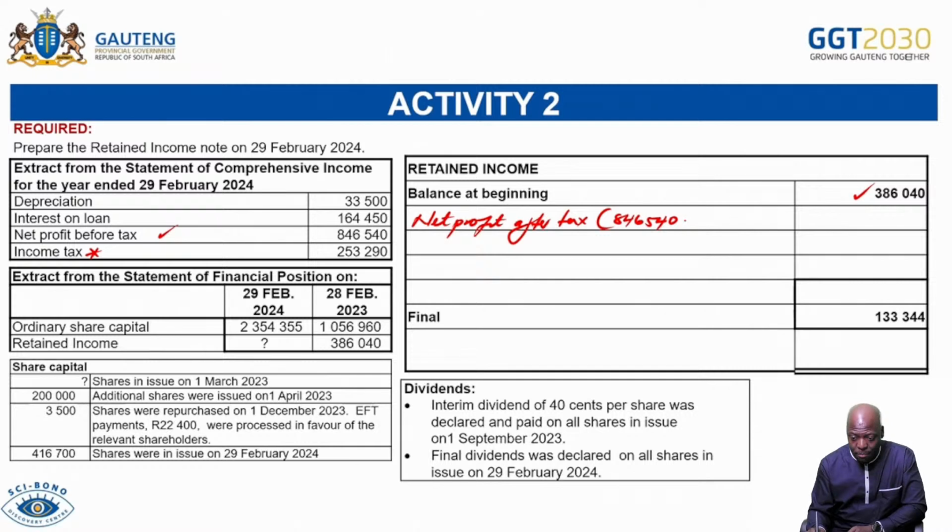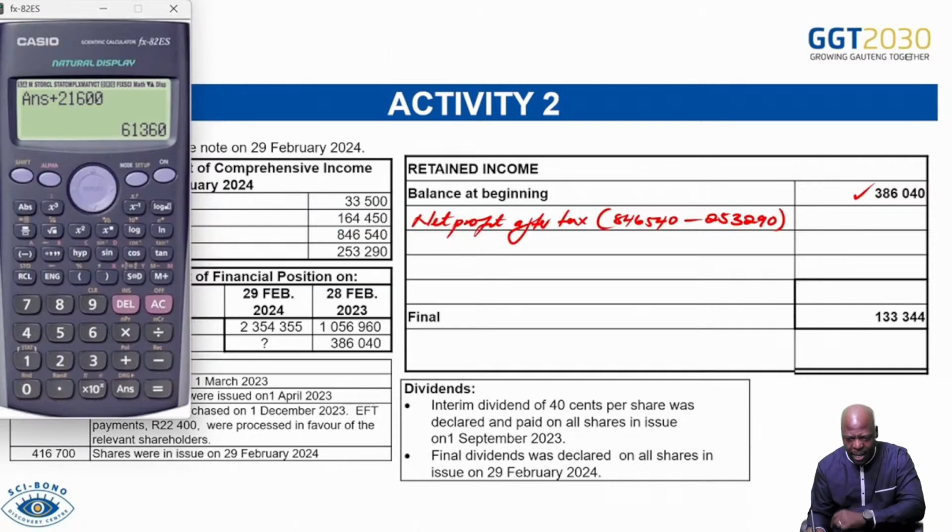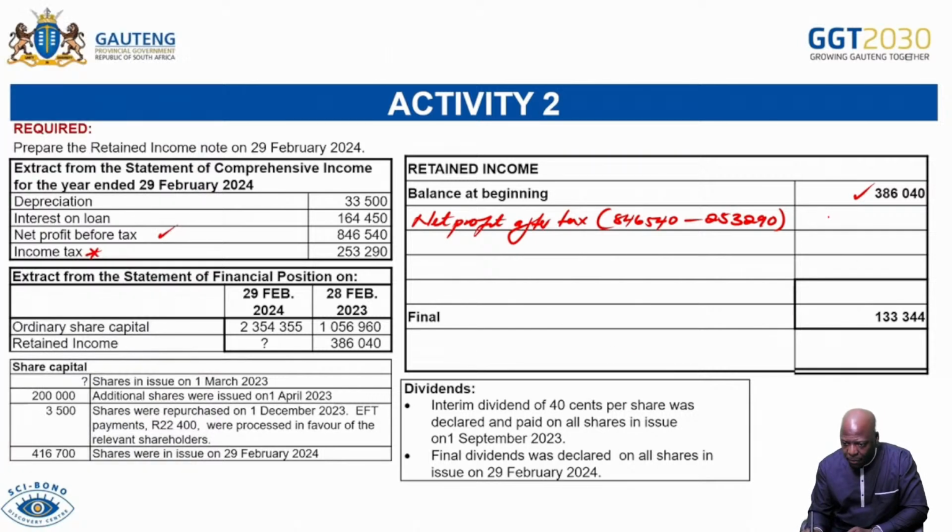So I'm coming here to say minus 253,290. Calculators ready, guys. That's 846,540 minus 253,290. That will give us 593,250.